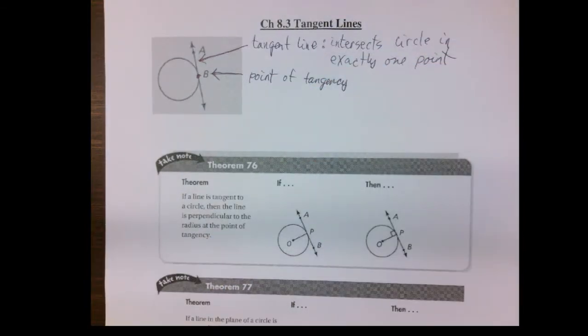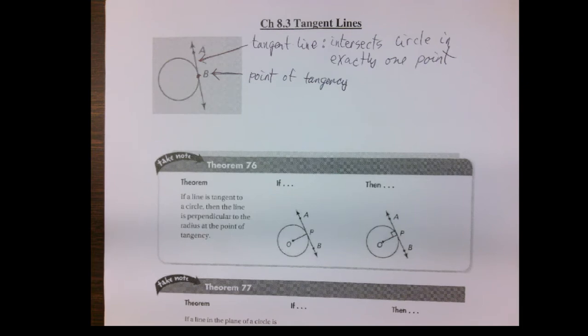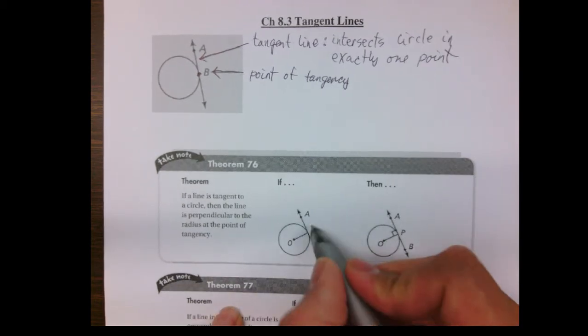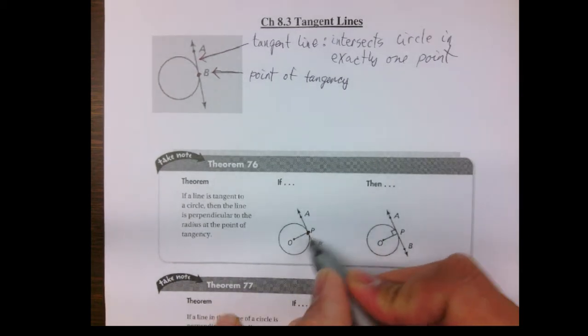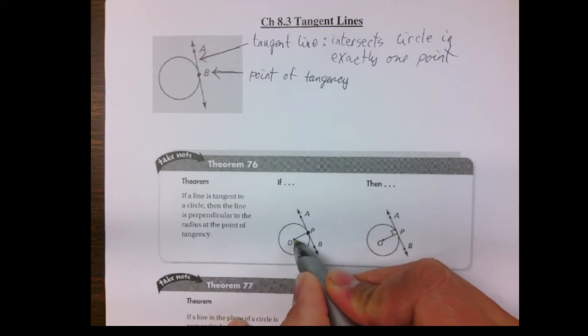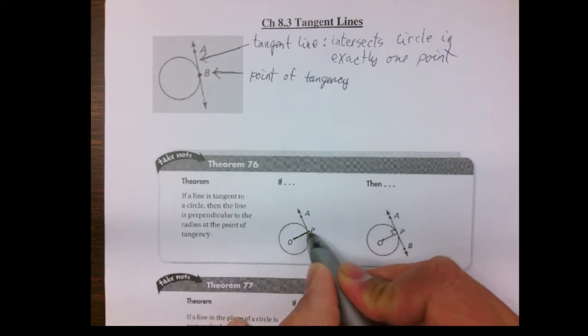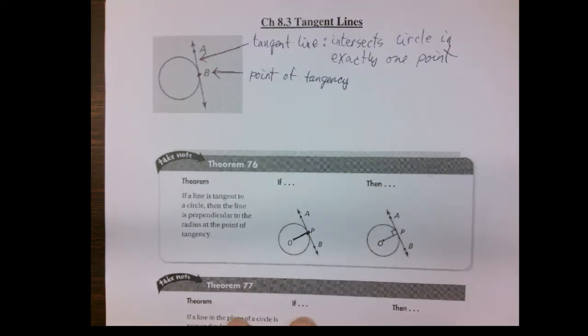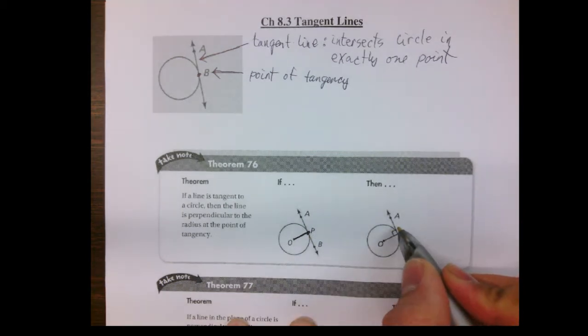All right, and then the first theorem that we're going to talk about, and we did touch on this in class, so it's kind of just a refresher, is that if you have a tangent line and a point of tangency, and you draw a radius to that point of tangency, the radius and the tangent line are going to be perpendicular.